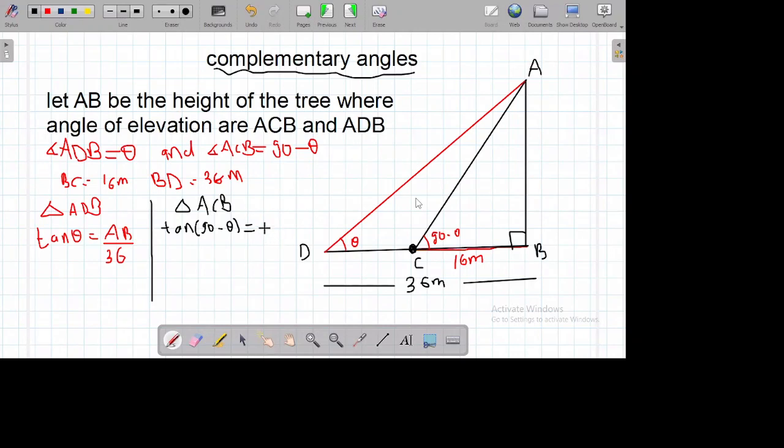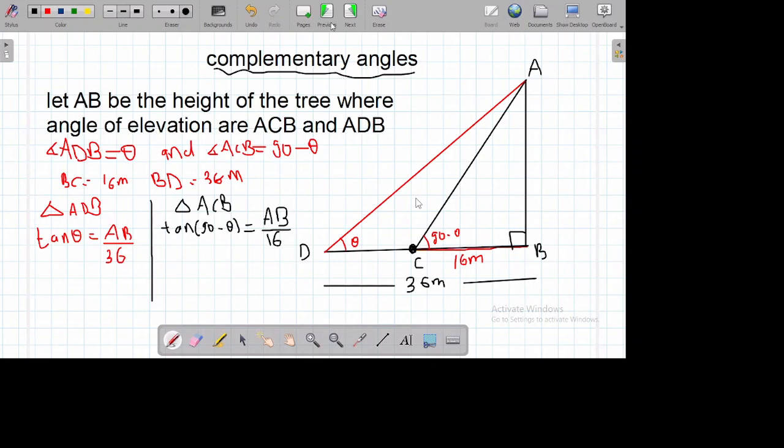AB by BC. Very good. BC means 16 meter, so I have directly written AB by 16. If anybody has a problem or any questions, please let me know.